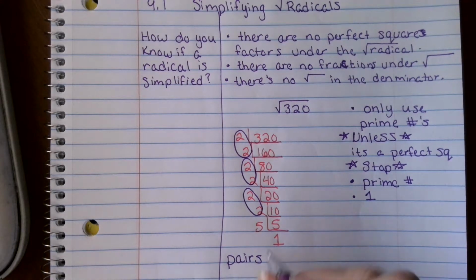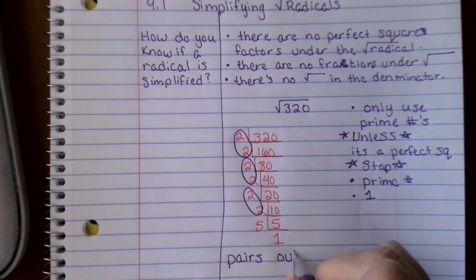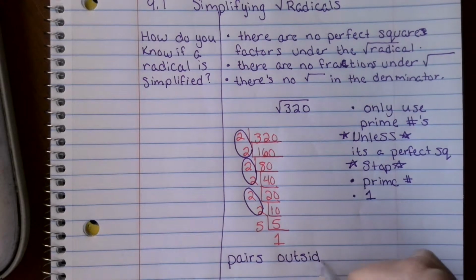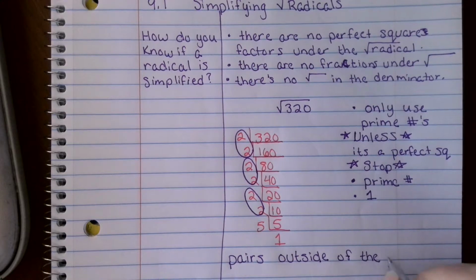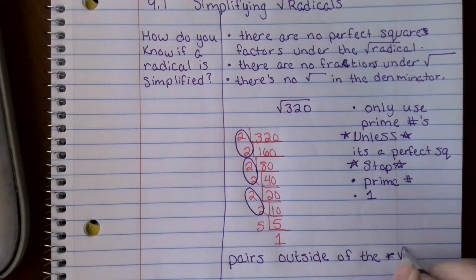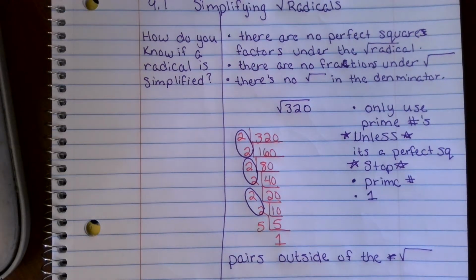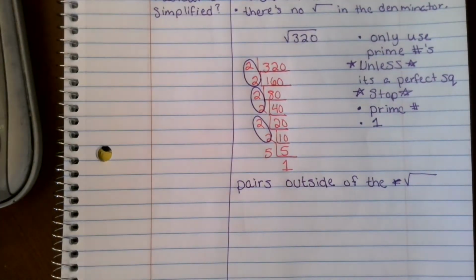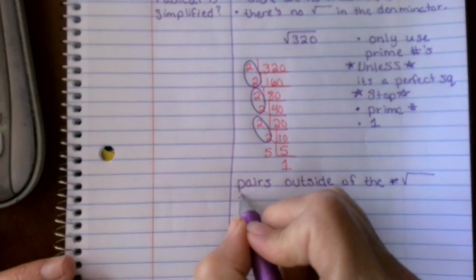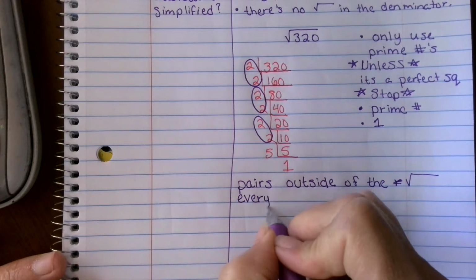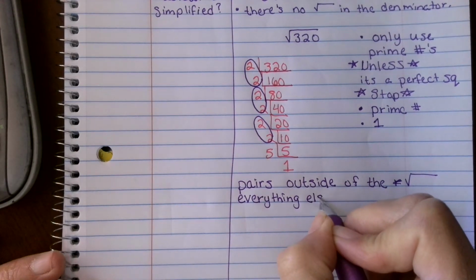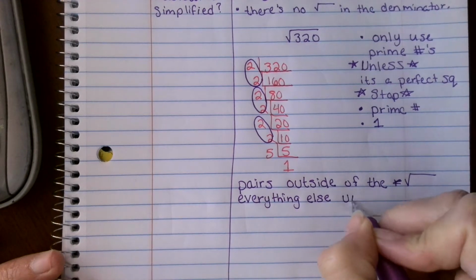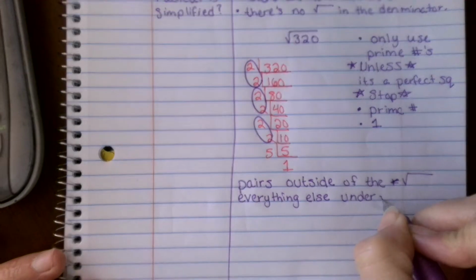So the pairs are going to go on the outside of the radical. And everything else is under the radical.